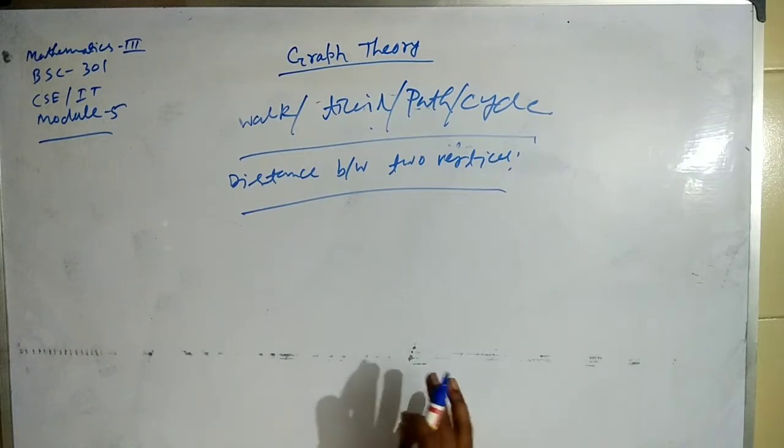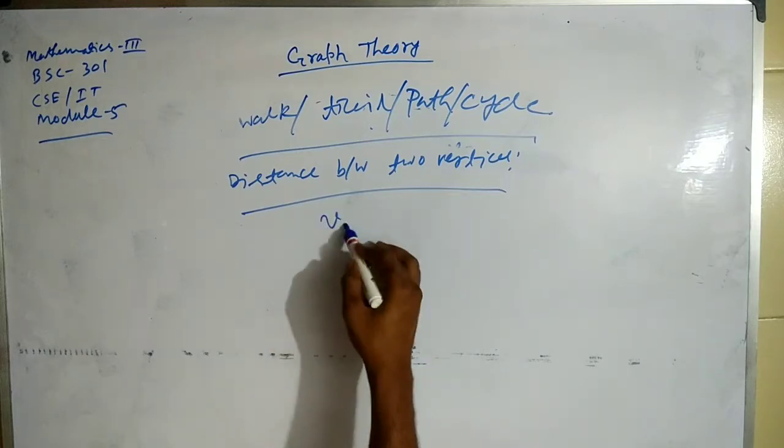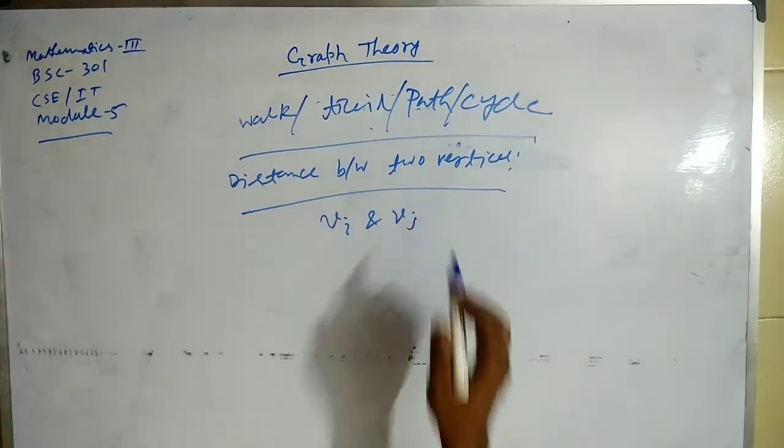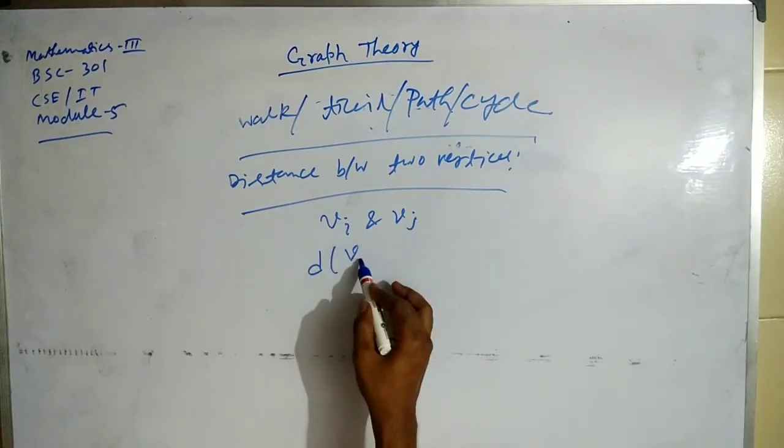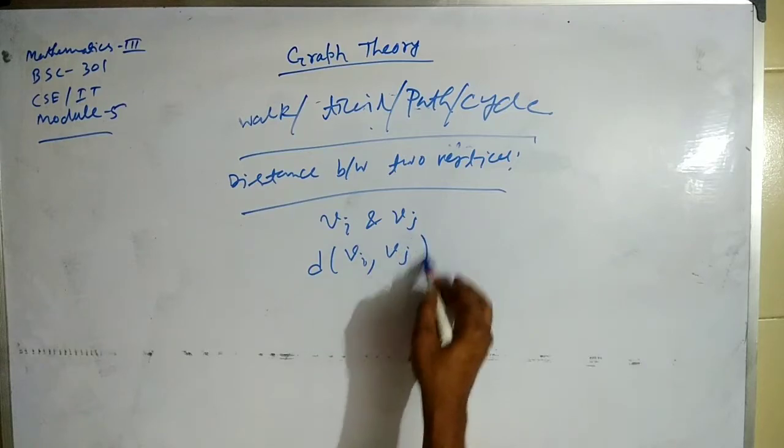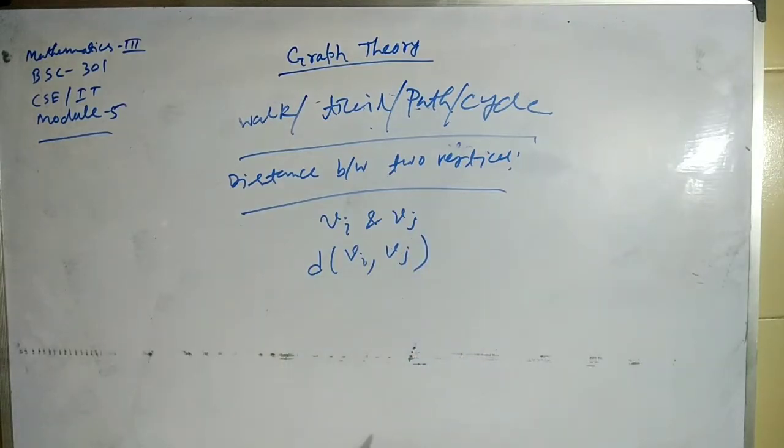The distance between two vertices Vi and Vj is denoted by d(Vi, Vj). This denotes the distance between Vi and Vj, and is defined by the length of the shortest path between Vi and Vj.